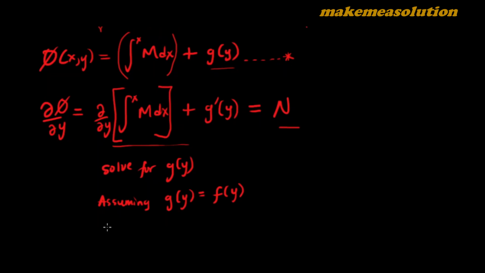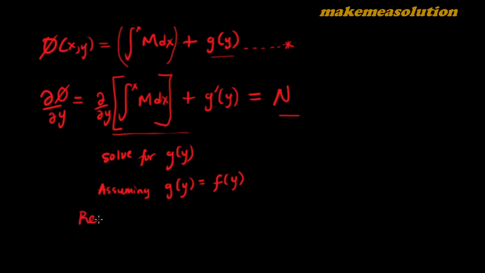So what you're now going to do is you recall that your phi of x comma y is equal to c. Is that okay?